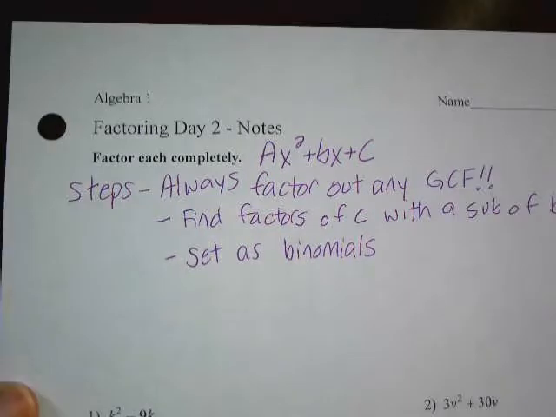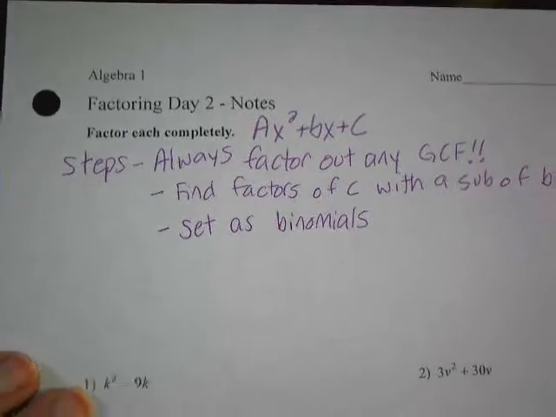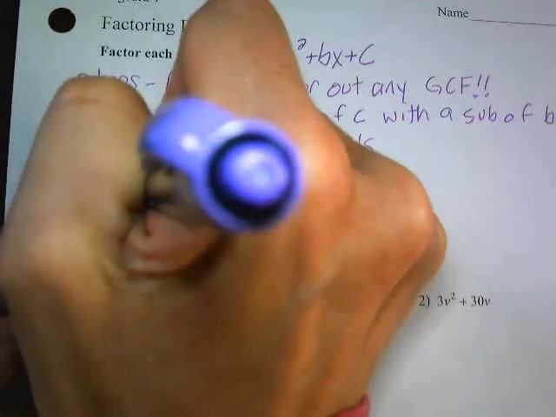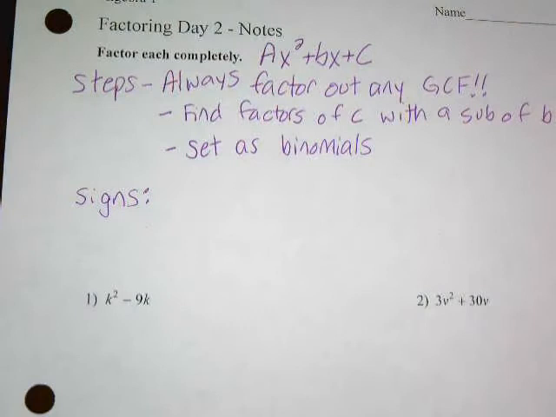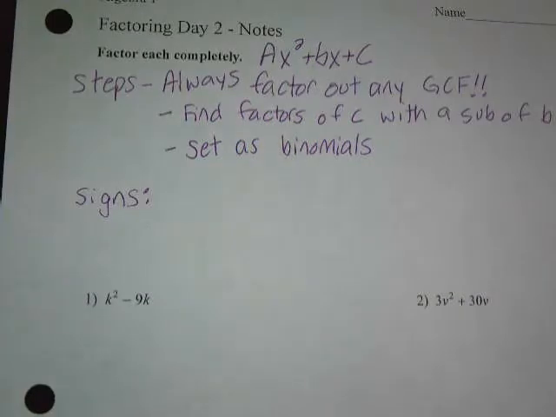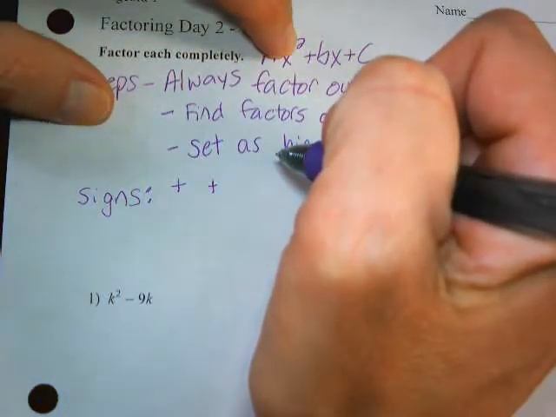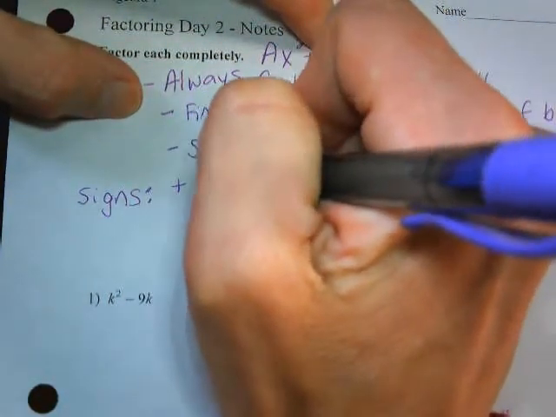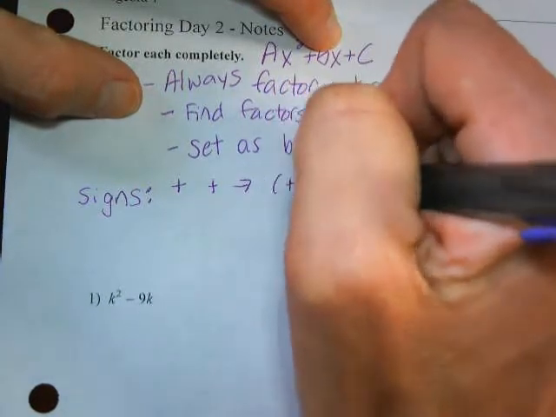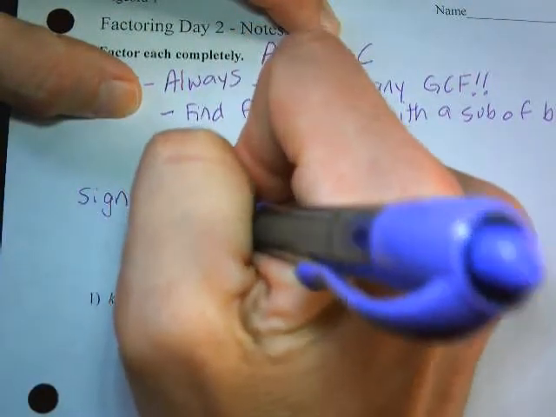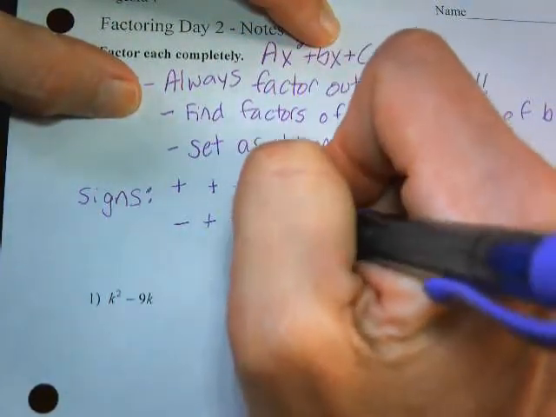One of the biggest problems or hard spots with factoring is the signs. And I always think it's a good idea to keep a little cheat sheet at the top of your page, to help you make sure that you've got your signs correct. So if in your initial problem you've got a plus and a plus, so ax squared plus bx plus c, and then in your binomials you end up with a minus and then a plus, you've got a minus minus.